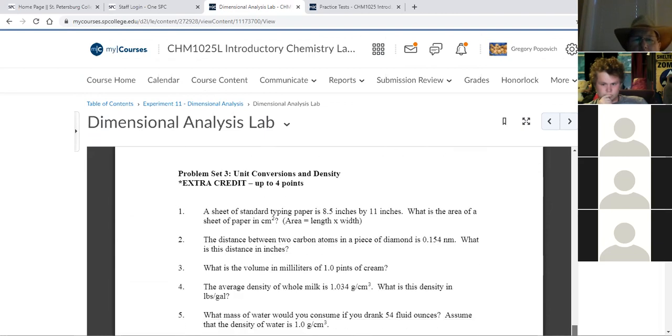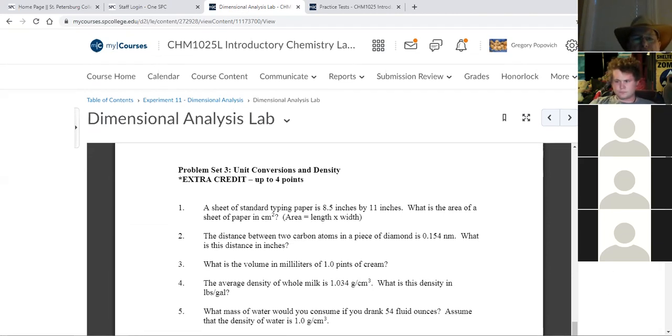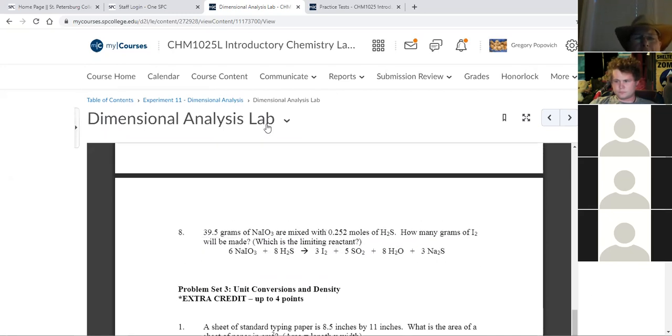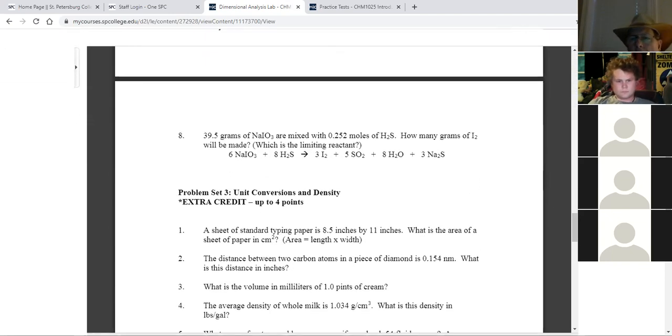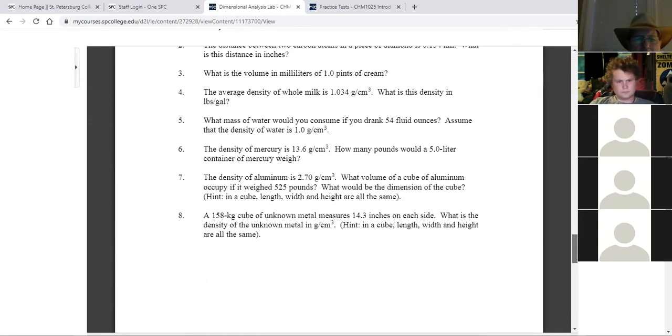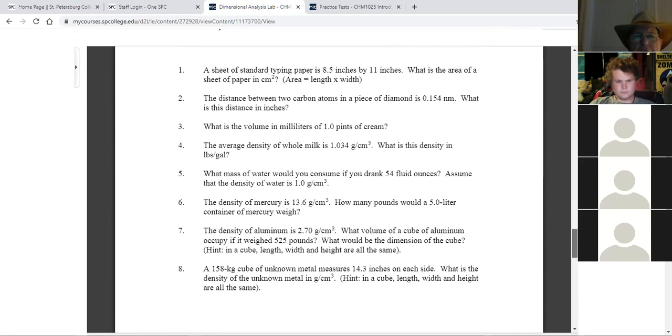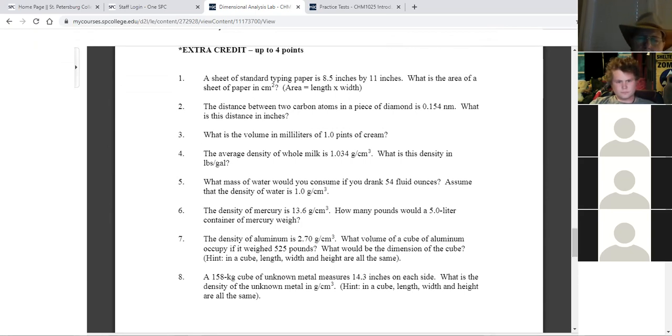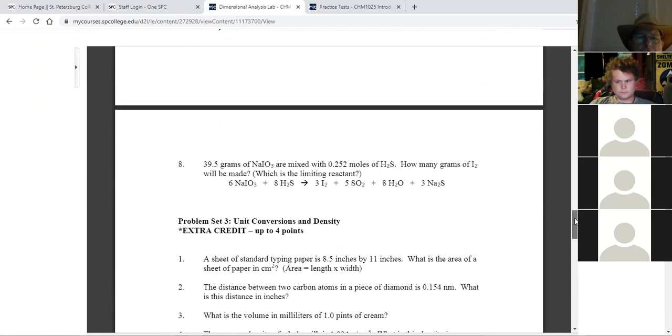The last ones are very, very difficult dimensional analysis problems. The quiz will take up the moles and the stoichiometry. That is what you're actually getting graded on. These last 8 problems, dimensional analysis problems, are extra credit. You can work them for some extra credit.